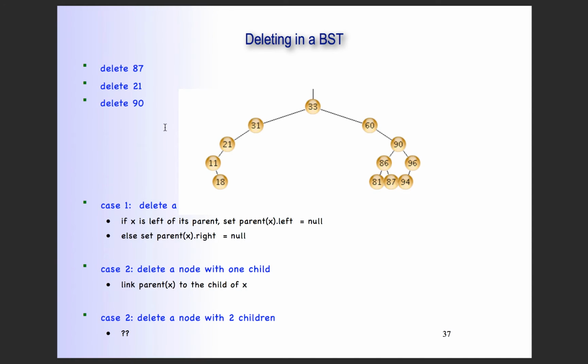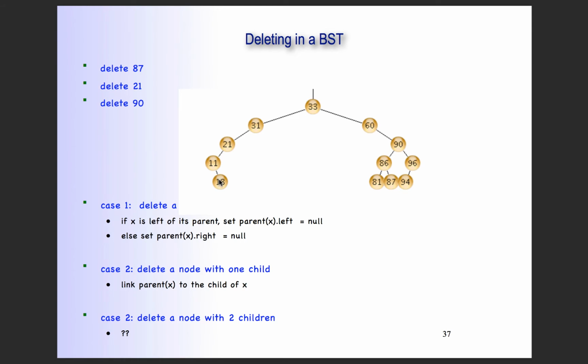A delete can happen in three different ways. You can delete a leaf, which is the simplest case. You can delete a parent which has one child, and it could be possible that you are deleting a parent which has two children. In case one, if you are deleting a simple leaf, then you don't need to do anything special.